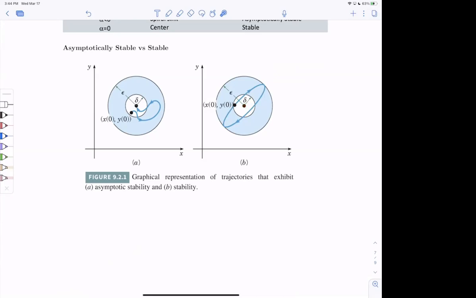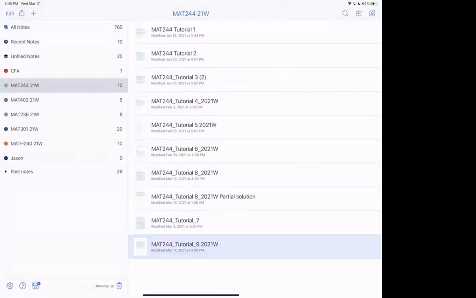Does that make sense? Remember before we talked about stability, I said if your solution curve is approaching your critical point, then it's stable. If it's going away from your critical point, then it's unstable. Remember we talked about that and we drew the graph? I'll show you.